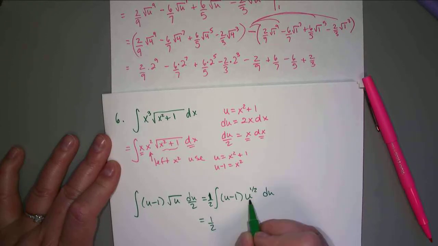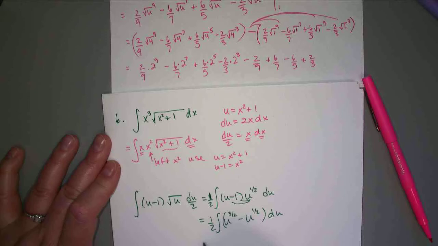This one doesn't involve as much expanding. We would just multiply this through. u to the 5 over 2 divided by 5 over 2. 3 over 2 divided by 3 over 2.